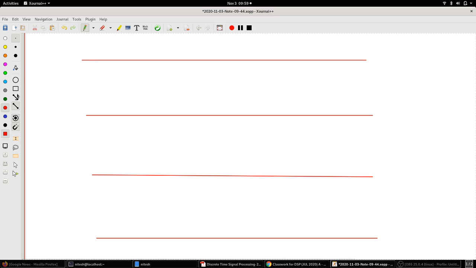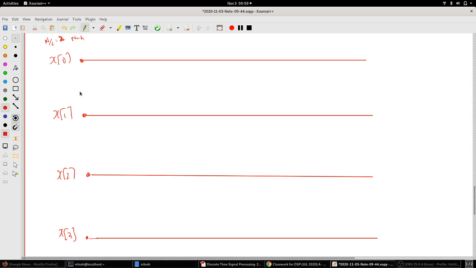So this is your 4-point structure, okay. So first thing is, you know that you have to add the n and n plus n by 2. So n by 2 will be 2, because n is 4, okay. So this is my x of 0, this is my x of 1, this is my x of 2, and this is my x of 3. This is in line, in sequence.